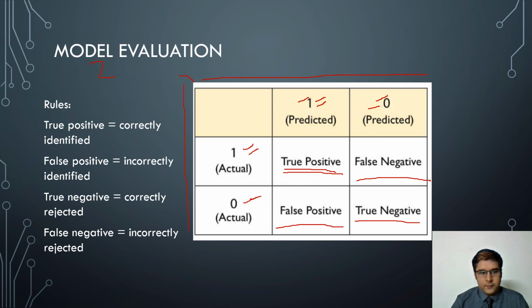So what is true positive? It is correctly identified. And what is false positive? It is incorrectly identified. True negative is correctly rejected and false negative is incorrectly rejected. Hope this is clear.